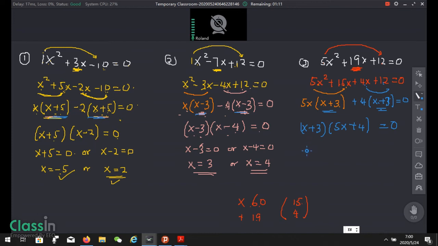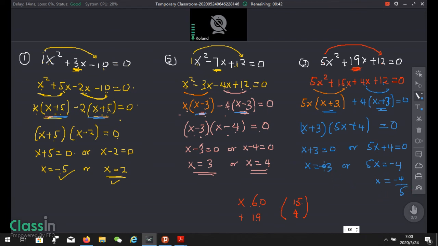So in this case, either x plus 3 is 0 or 5x plus 4 is 0. If x plus 3 is 0, then x is negative 3. If 5x plus 4 is 0, then 5x will be negative 4, and x will be negative 4 over 5 when we divide both sides by 5.